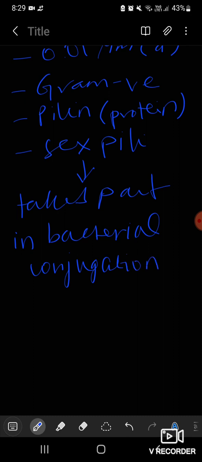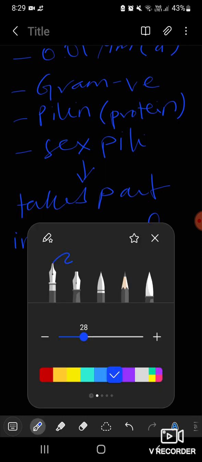Okay, so now talking about its functions.